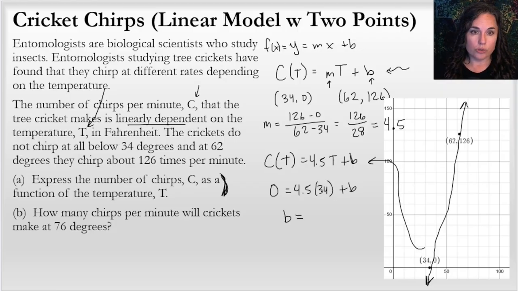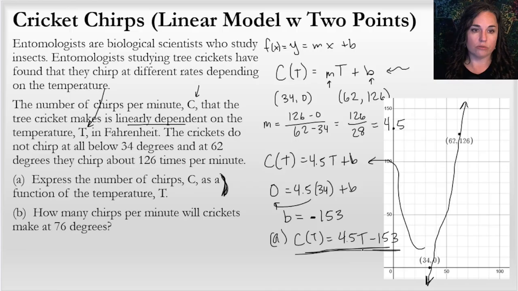Well, if you can do 4.5 times 34 in your head and move it to the other side, we're going to have a negative sign in here. You're going to know that b, that y-intercept, is negative 153. So our answer for part A is c of t equals 4.5 times t minus 153. That's going to be your answer for that first part.